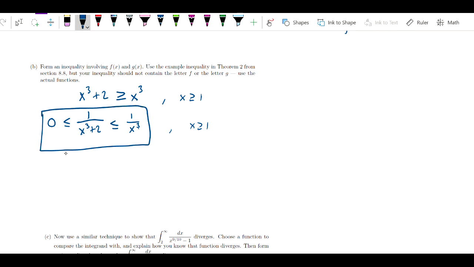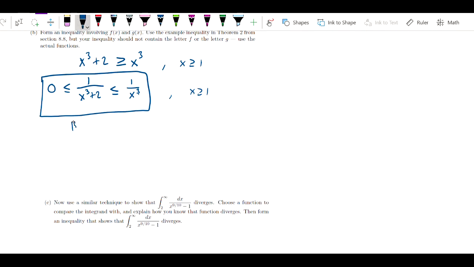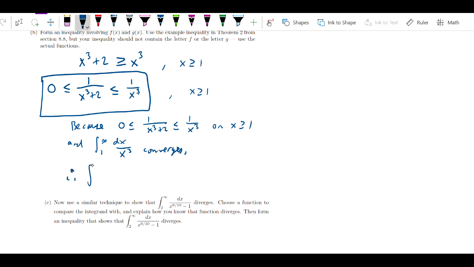So what we can say is that, if I wanted to use this, this was not part of the question, but if I wanted to use this to prove that the integral of that function converges, what I would say is that, let me write it the full way as in the theorem, because 0 is less than or equal to 1 over x cubed plus 2, which is less than 1 over x cubed on the interval x greater than or equal to 1, and because the integral from 1 to infinity of dx over x cubed converges, therefore the integral from 1 to infinity of dx over x cubed plus 2 converges. That's how we use the theorem.